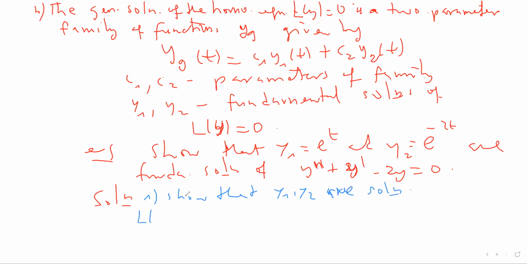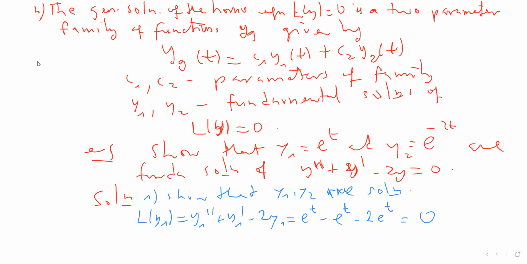So take L of y1, which is y1 prime prime plus y1 prime minus 2y1, which is equal to e to the t plus e to the t minus 2e to the t, which is equal to 0.